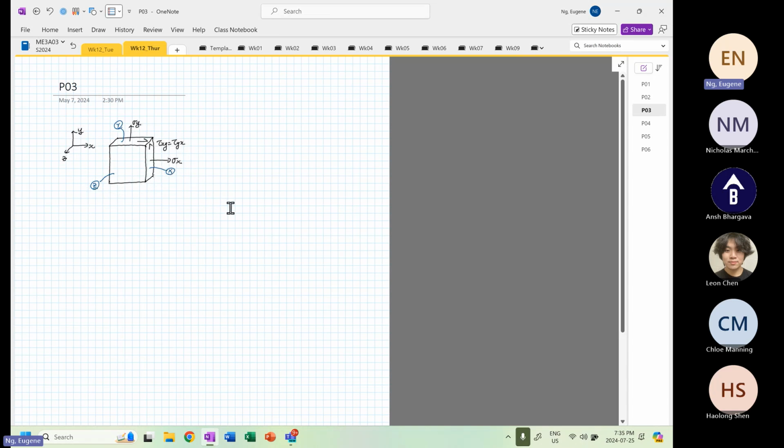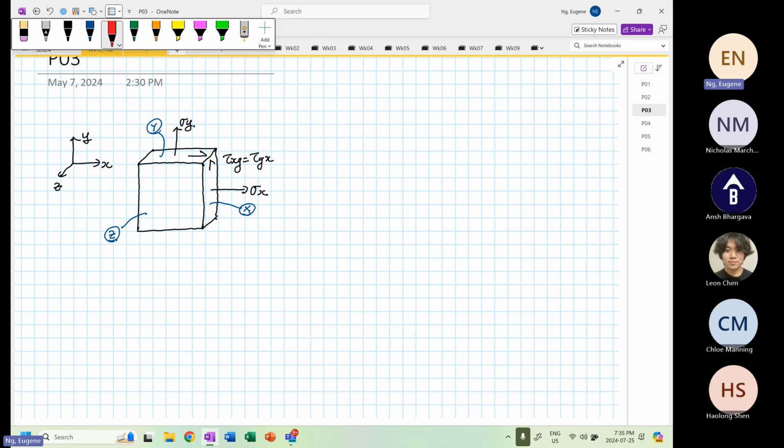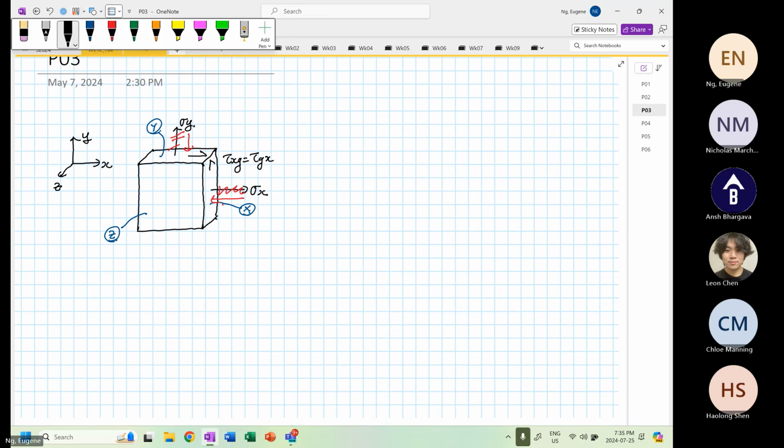So what will happen if now the condition changes? Okay, and I will not drop off, but rather I will do this. What if now it becomes compression?